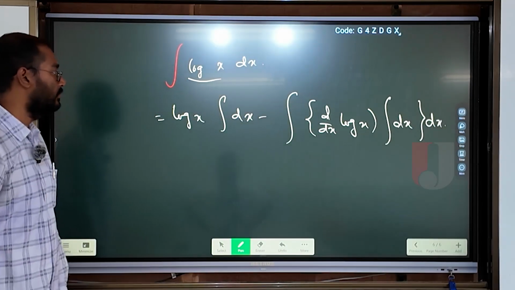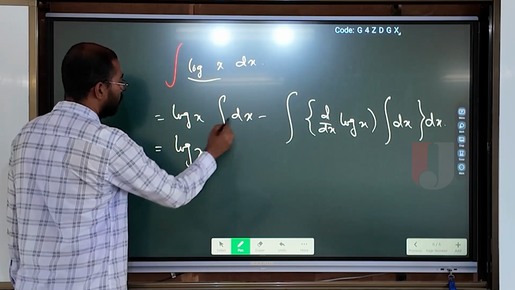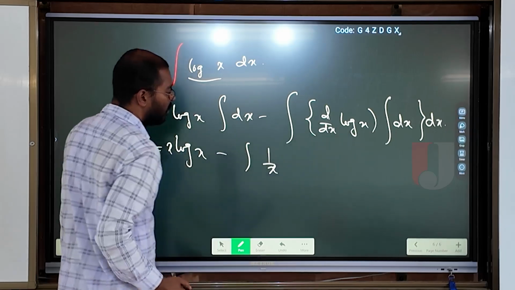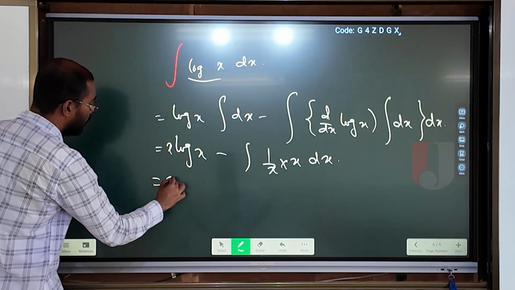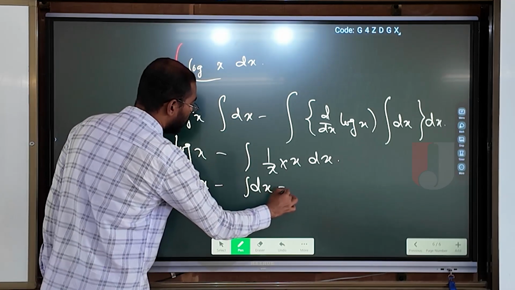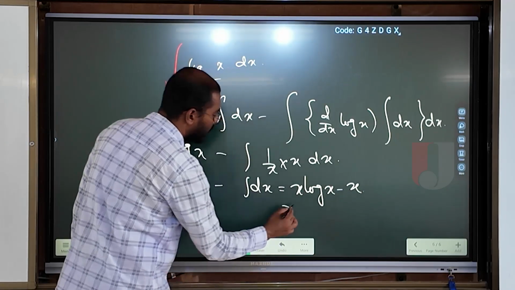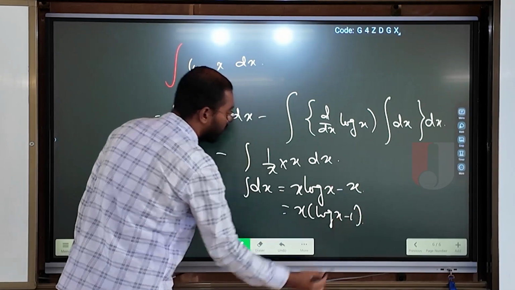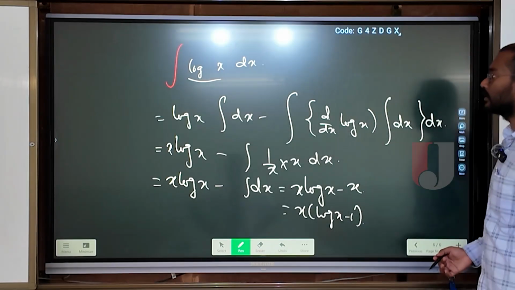That is the formula. So it is log x times x, minus the integral of 1 by x times x dx. If you simplify, it comes to x log x minus the integral of dx, so it is x log x minus x. Taking x common, it is x times log x minus 1. In that way you can compute the integration of log x dx.